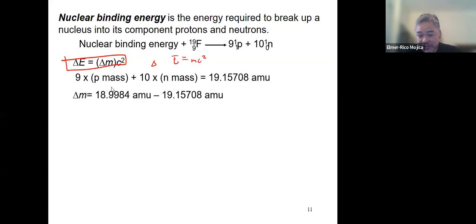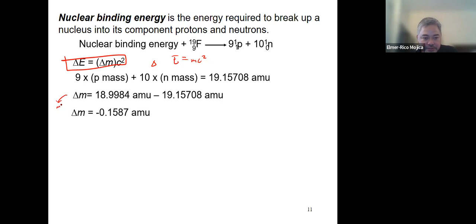This is the explanation that we have. He didn't win the Nobel Prize for this one. He's just known for his theory of relativity. He won the Nobel Prize for explaining the photoelectric effect. So what is this delta M? That's what we call the mass defect.